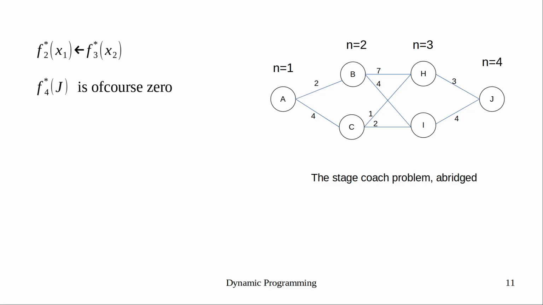This is a recursive function, like sum n is equal to n plus sum n minus 1. To find sum n, we have n plus we have to know the value of sum n minus 1. So, to calculate F1 star, we should be knowing F2 star and we should be knowing F3 star. Now, how do we solve this problem?